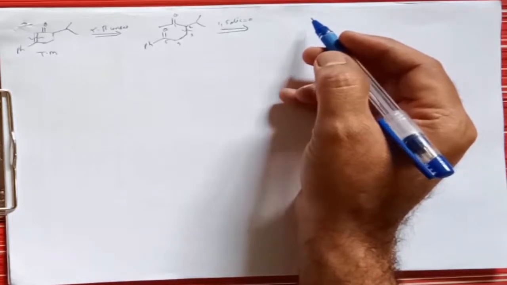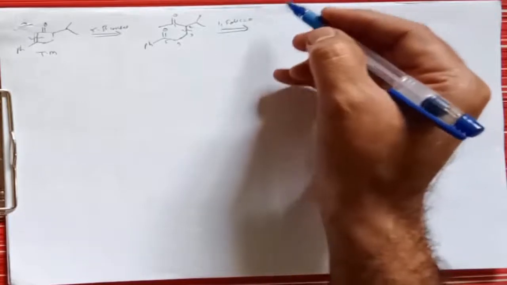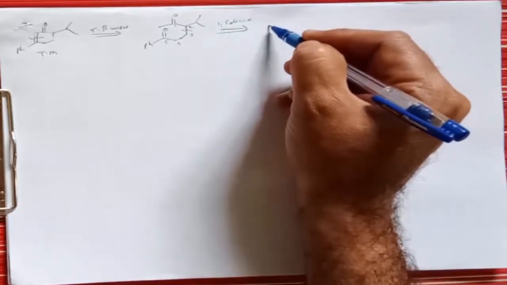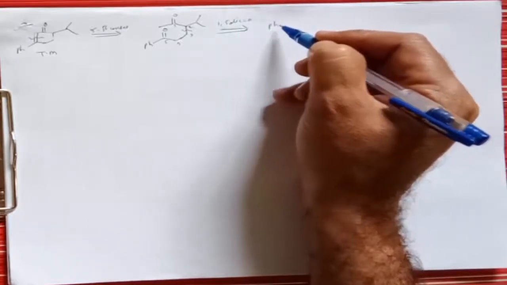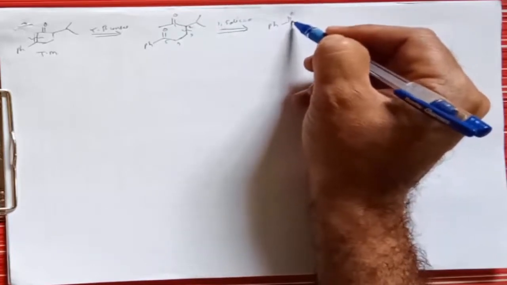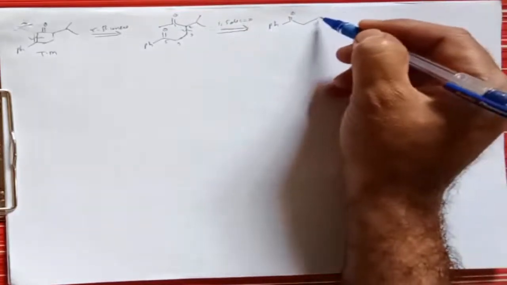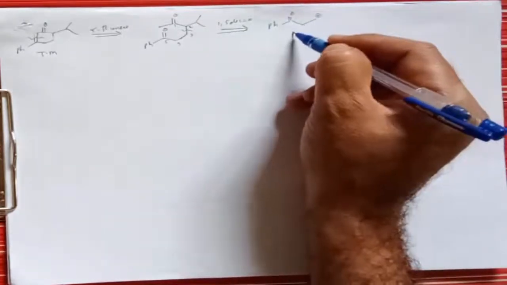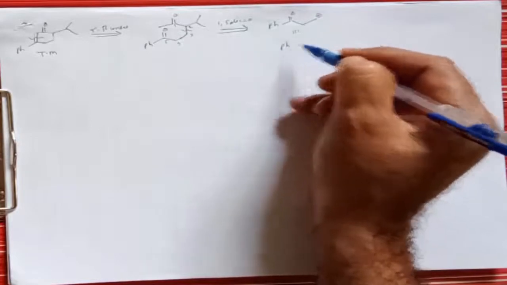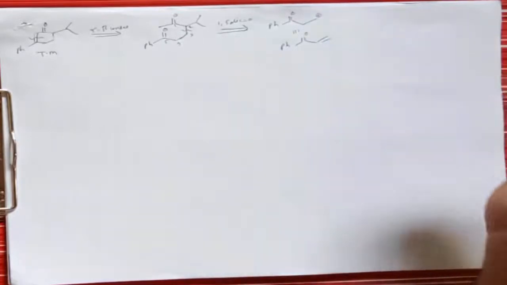From one side there is a negative charge, and from the other side a positive charge. So what it gives is PhC=O, CH2, and CH3, with a positive charge here, and the synthetic equivalent for this is PhC=O, CH2, C=C.